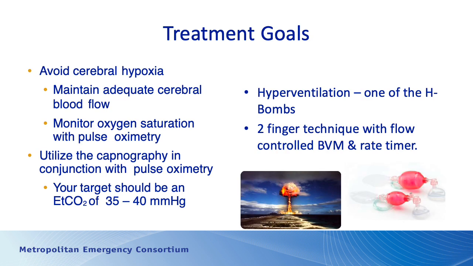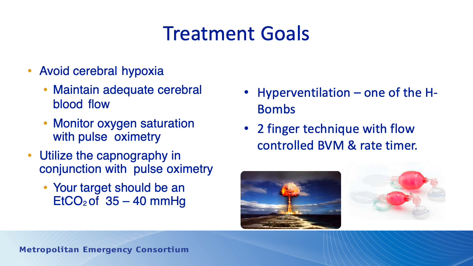Our goal is to avoid hypoxia and maintain adequate cerebral blood flow. We want to monitor oxygen saturation to make sure the patient does not develop hypoxia. And what we want to avoid are the 3 H-bombs of head injury, which have to do with hypoxia, hyperventilation, and hypotension.